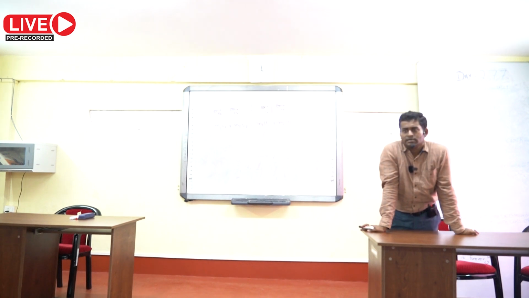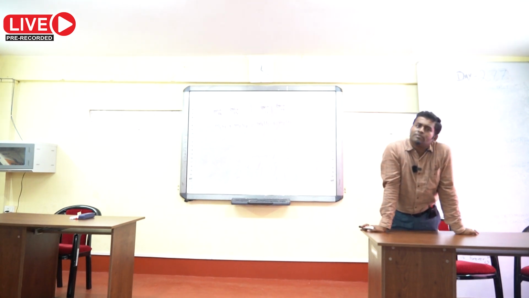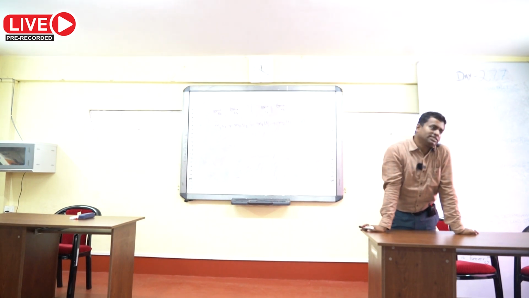Then you have to calculate v1 and v2. If masses and velocities are given, can we find v1, v2 from this? Not possible, because unknowns are 2, equation given 1. So how can we solve? We need a second equation.